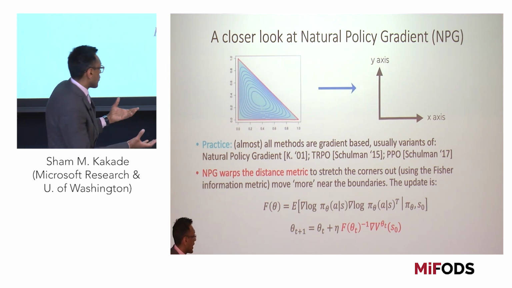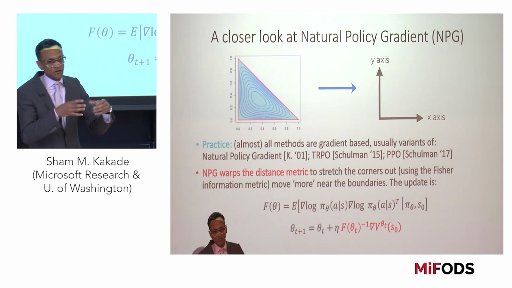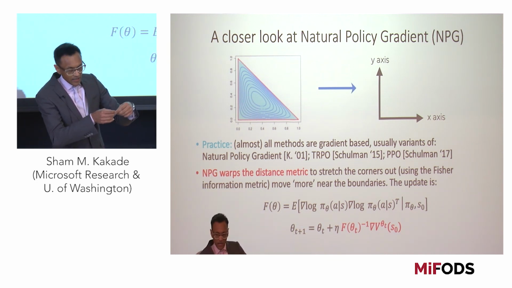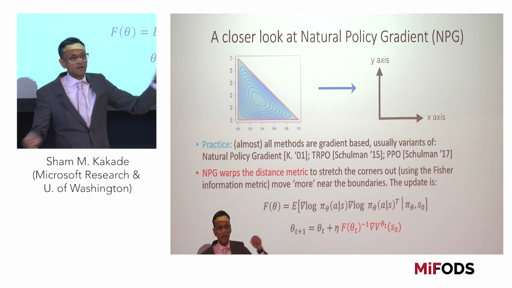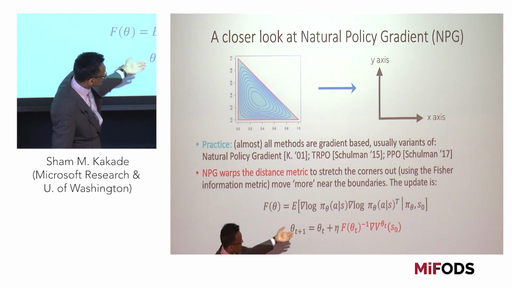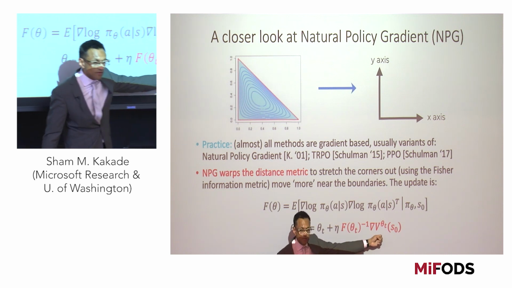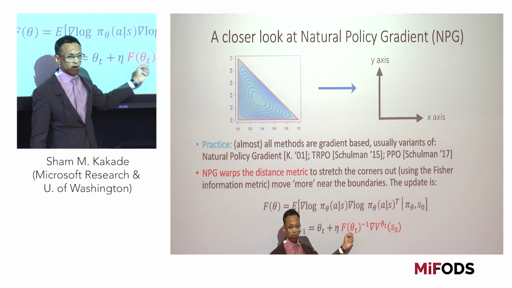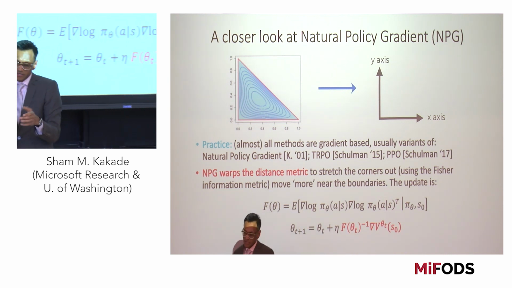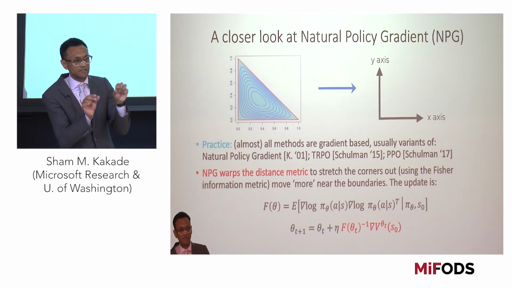So one procedure people like to do in practice is some type of preconditioning approach where you stretch the contours out near the boundary so you can travel much more quickly as things become deterministic. Okay, so rather than directly doing gradient descent, what we're going to do is follow the gradient, but multiply it by this preconditioner, and just think about this as trying to move more quickly near the boundaries of this simplex.